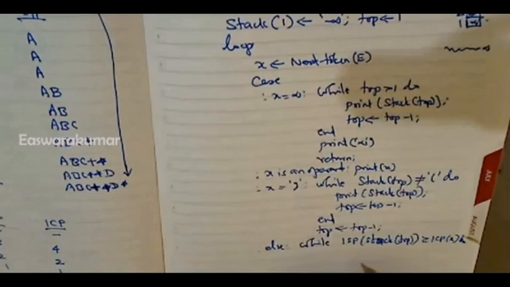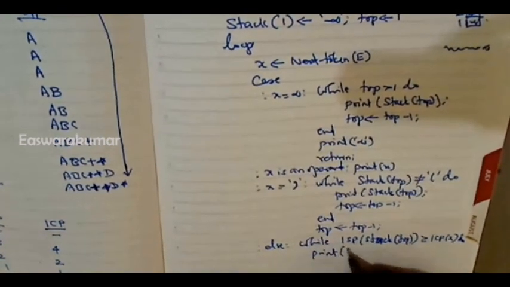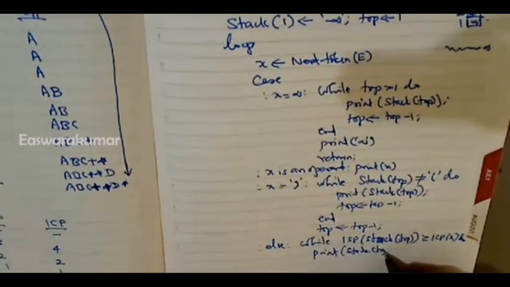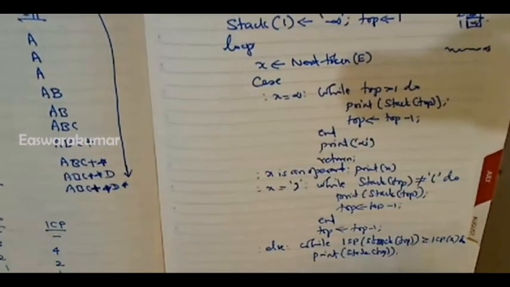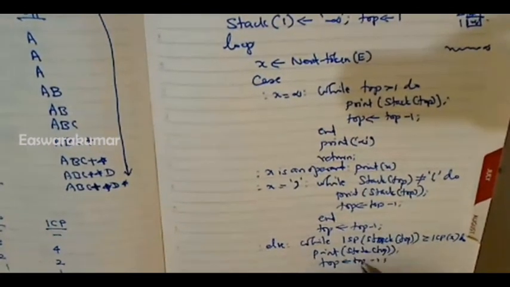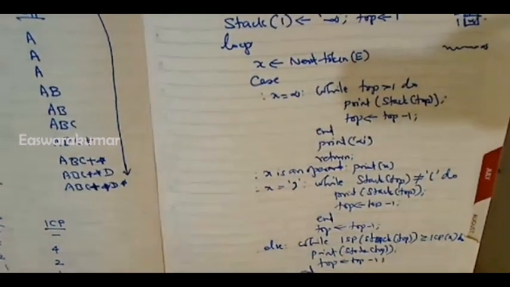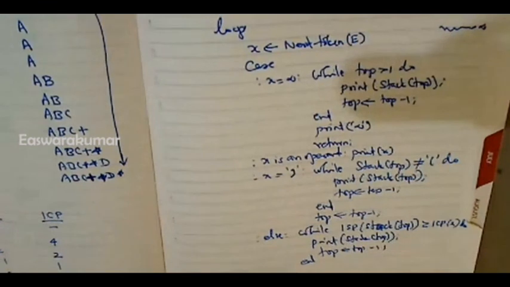So we are checking that, and if that's the case, we print stack of top. Then what do we do? Top is equal to top minus 1, right? Then end of the while loop. Now after that, we removed those operators having the same priority or more priority from the stack to the output.